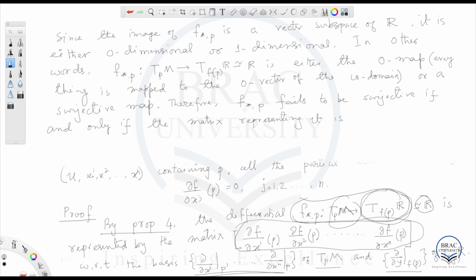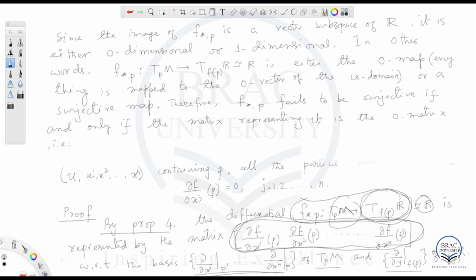So this linear map fails to be surjective if and only if the matrix representing this linear map is just a zero matrix. Okay, so this matrix is the zero matrix, which means that all the entries in this row vector are identically zero.